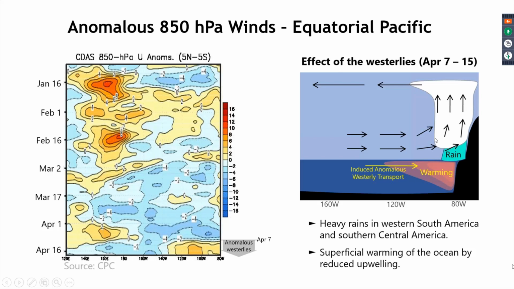So this stimulates the anomalous westerlies, and this has two effects. One of the effects is that you get more rain, especially once you interact with the Andes, and also since you induce this westerly current, you induce a localized superficial warming of the coast, or near the coast, right?